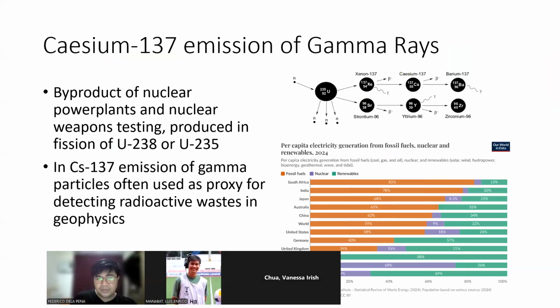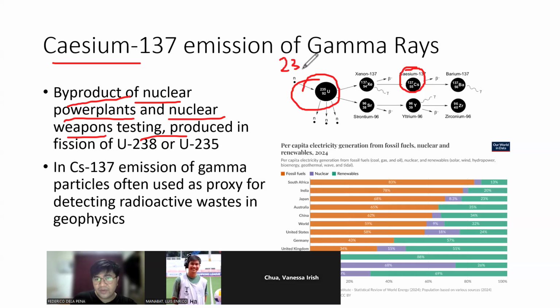Cesium is an important proxy for detecting nuclear wastes from nuclear power plants and from nuclear weapons testing. Cesium-137 is just a product of the series of radioactive decay of uranium-235, which can decay into xenon-137 and eventually decay into cesium-137.